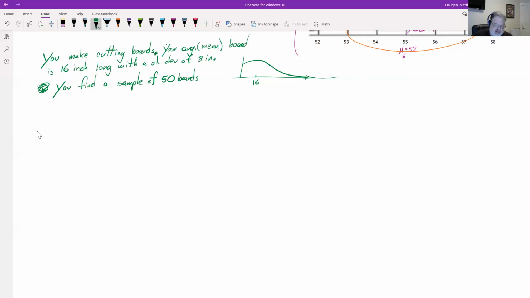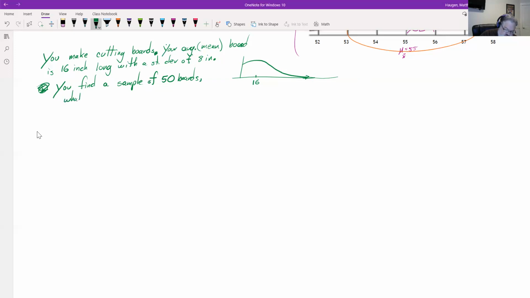Because you're selling them to a local real estate company because they want to give them as gifts to people who buy their houses. Anyway, where am I going to come up with these examples? You find a sample of 50 boards.